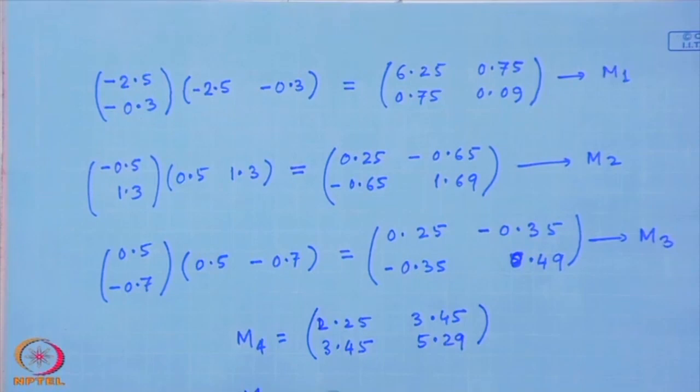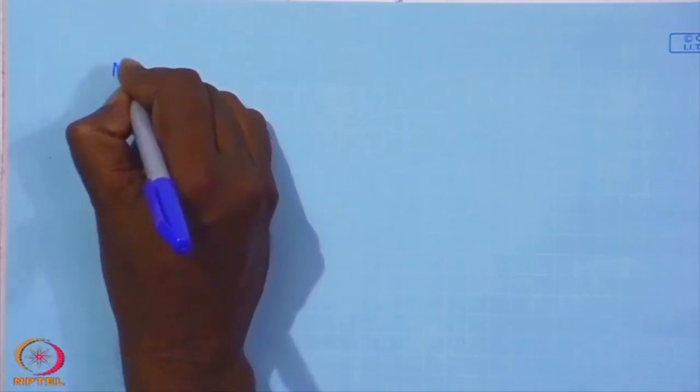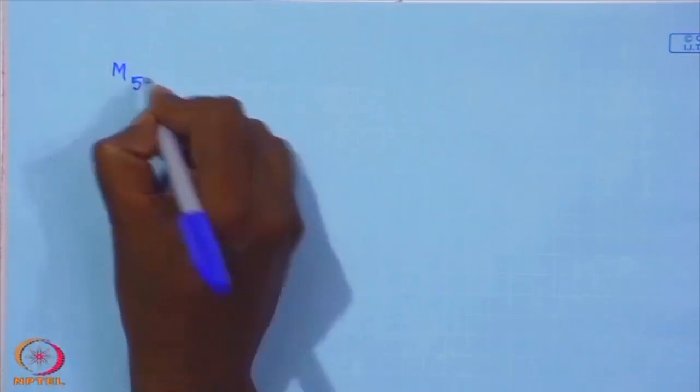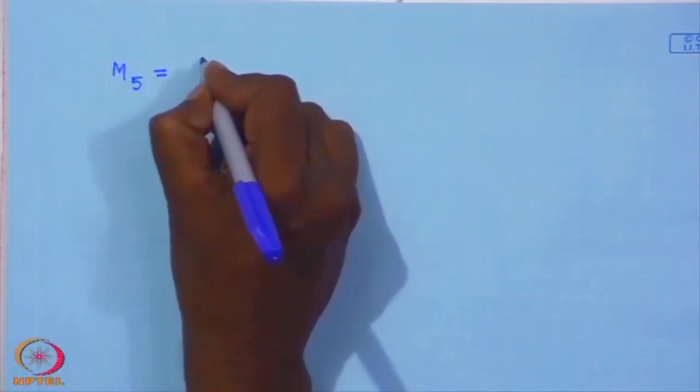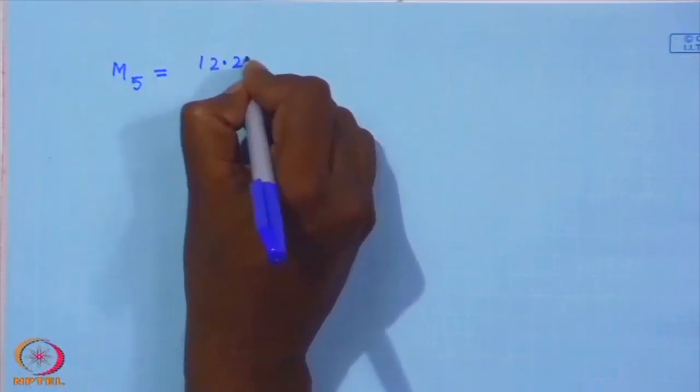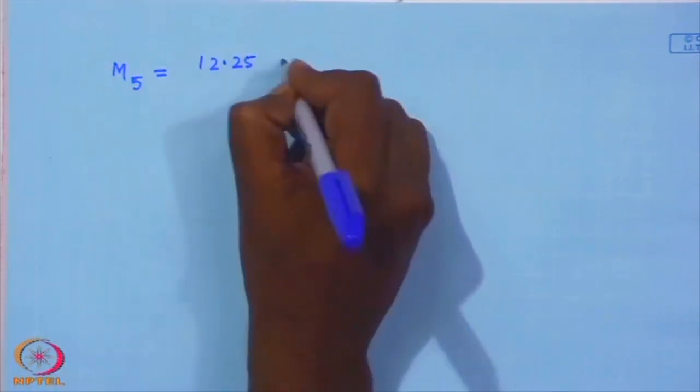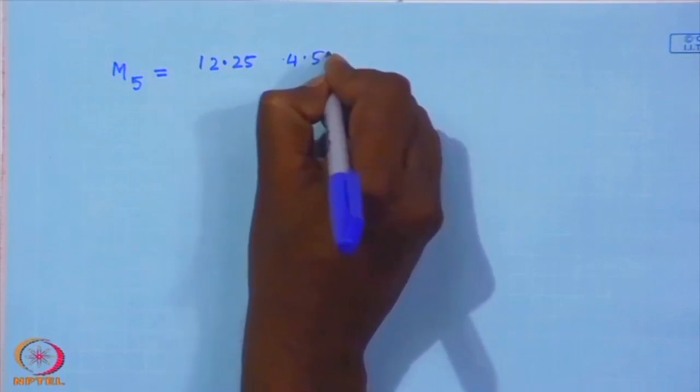M5, the fifth matrix, sorry, let me go to the other page. The fifth matrix will be 12.25, 4.55.